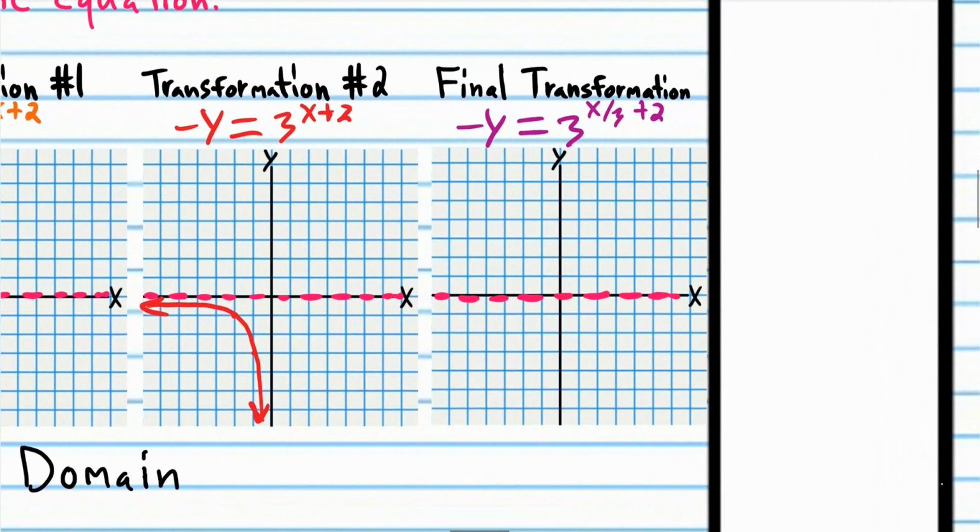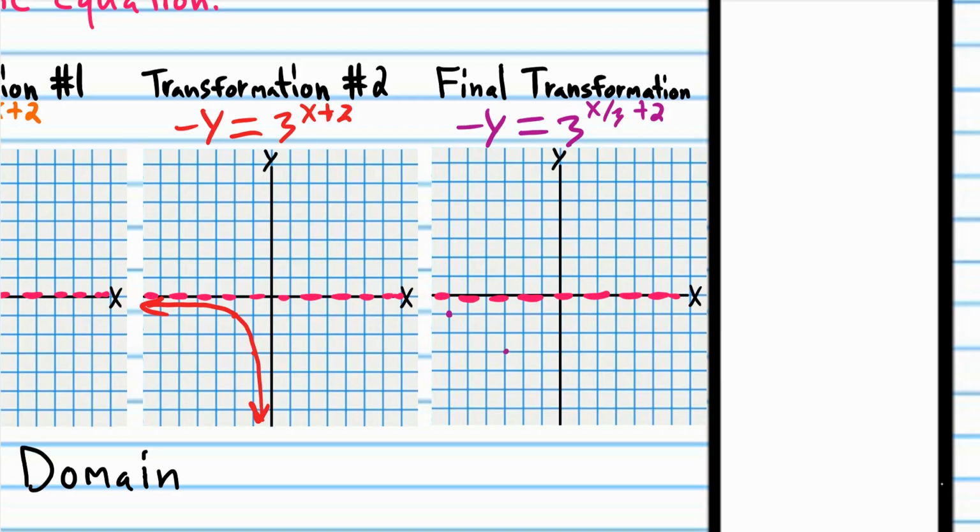So we're going to multiply all the x values of the points in the previous graph by 3. So the x value of that point is negative 2, so we're going to multiply by 3 and we get negative 6. So this point goes there. And the x value of that point is negative 1.